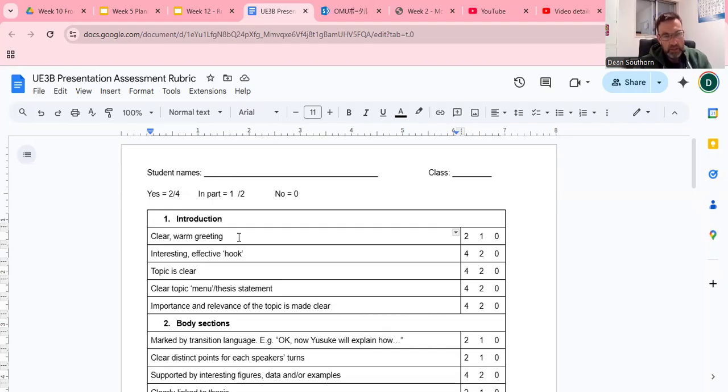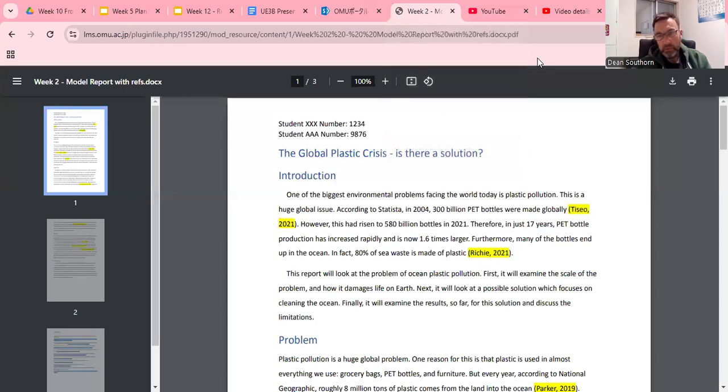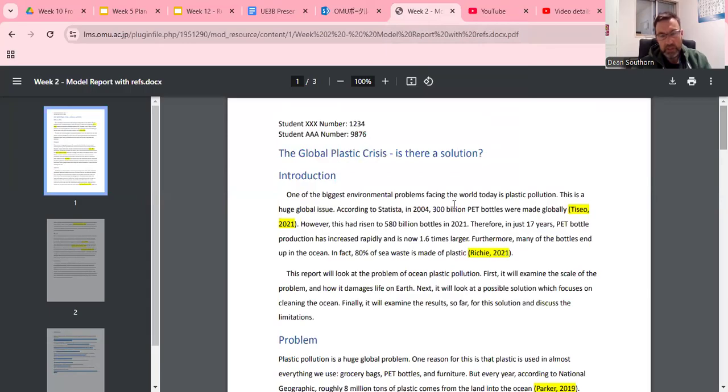Topic next. The introduction obviously greets the audience, introduces the topic. Now, there are several ways to introduce the topic, right? So remember that a big part of your assessment is making your presentation interesting. So if we look at the model presentation, the model report that we are working from, if we're going to use this as the basis for our presentation.